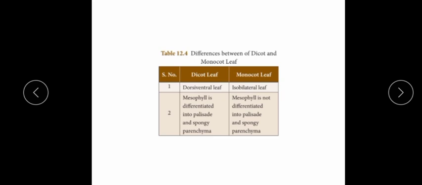Dorsal means upper and the ventral, both the parts are flat. In the monocot leaf, it is isobilateral leaf. Iso means similar, bi means 2, lateral means on the sides, that is the meaning behind it. Isobilateral leaf, you have to pronounce it that way. Split the word and read isobilateral leaf.